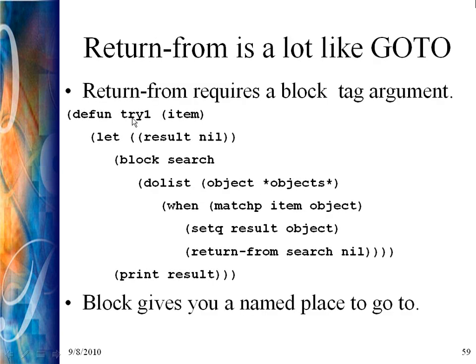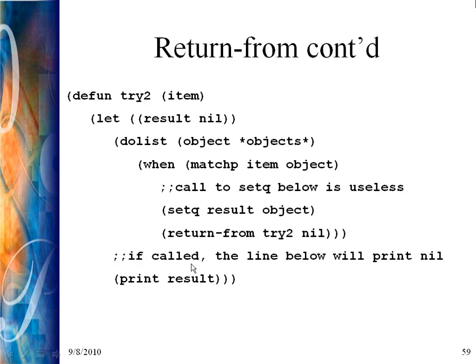So this first case was a useful function, except it was unable to distinguish between finding item when item was nil and not finding item when item was nil. In other words, nil not being there and nil being there. The second case actually distinguishes those two cases, but doesn't actually tell you what object matched.